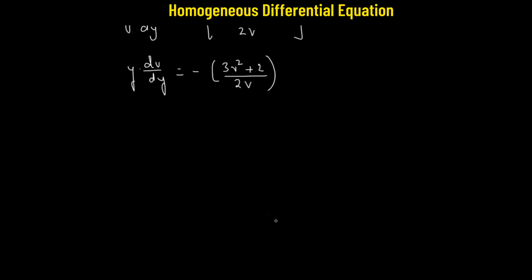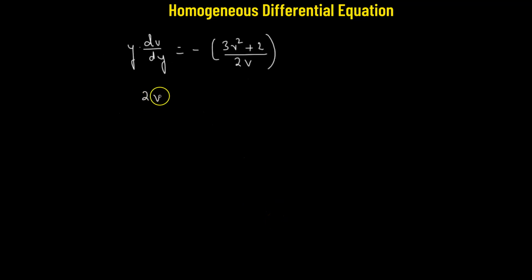Separating the differentials, we have 2v divided by (3v squared plus 2) times dv equals negative dy over y. So this is now in the variable separable form.